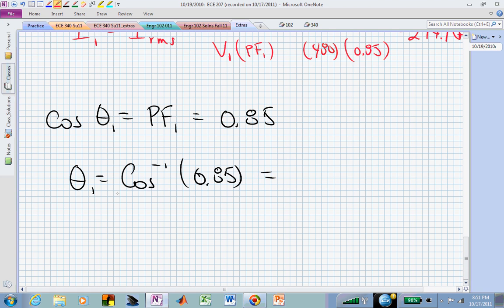We were told it was lagging, which allows us to make the sign positive because we had a lagging power factor for load 1. And that means that we have an inductive load for load 1. Theta 1 now becomes 31.8 degrees.